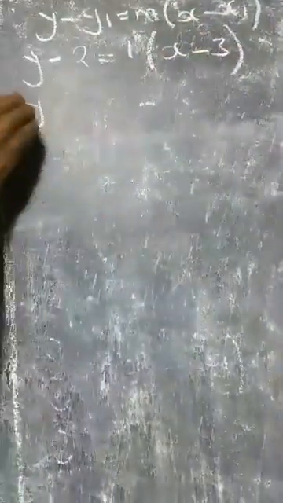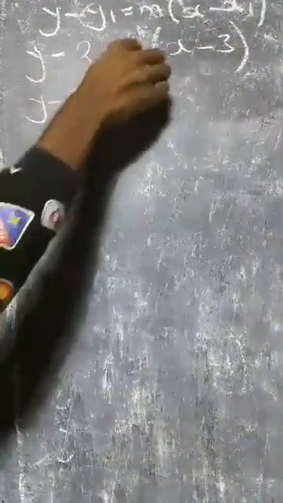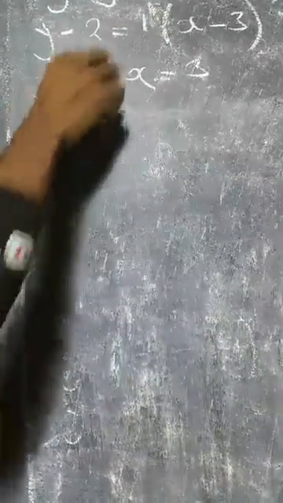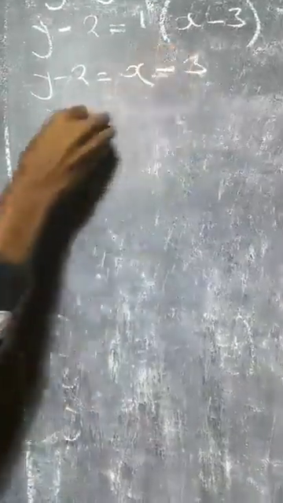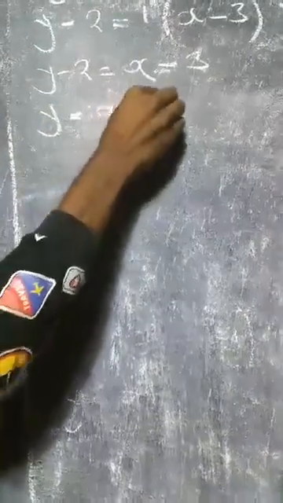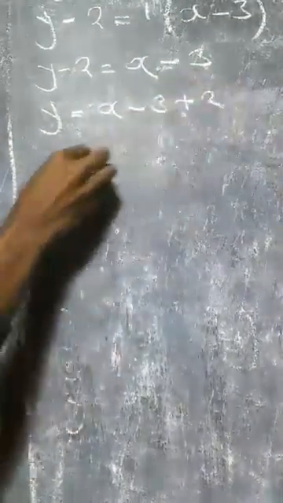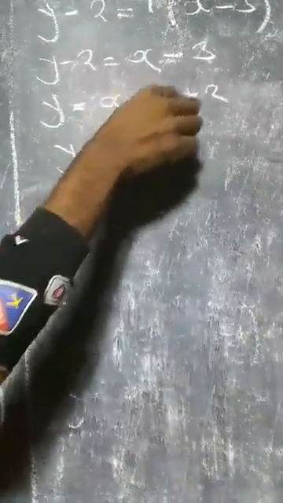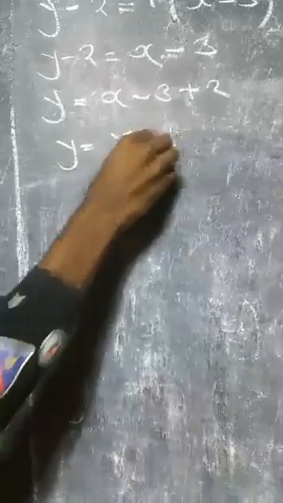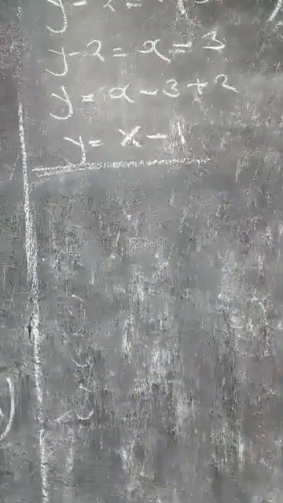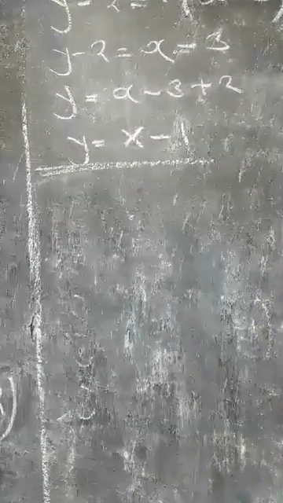We can expand this. 1 by that is just x, 1 by that is just minus 3. So 2 goes the other side, so this is a plus sign. So y is equal to x minus 3 plus 2. So y is equal to x, negative 3 plus 2, that's minus 1. That's your equation using the second method.